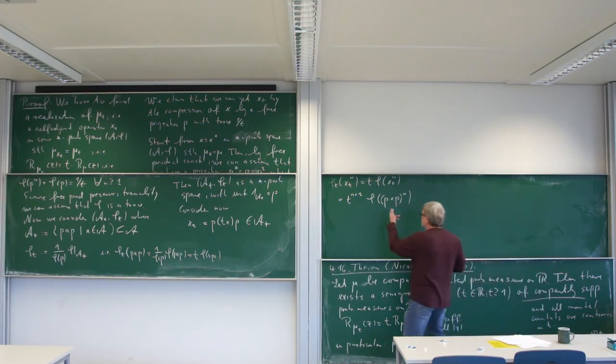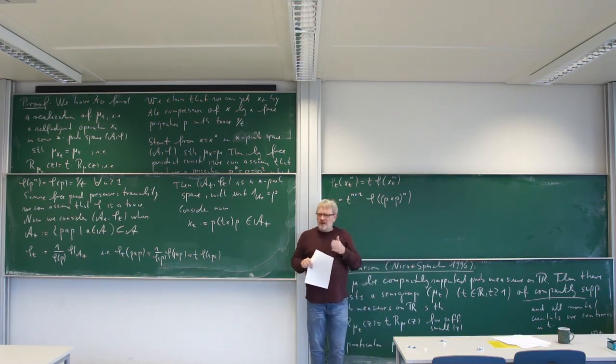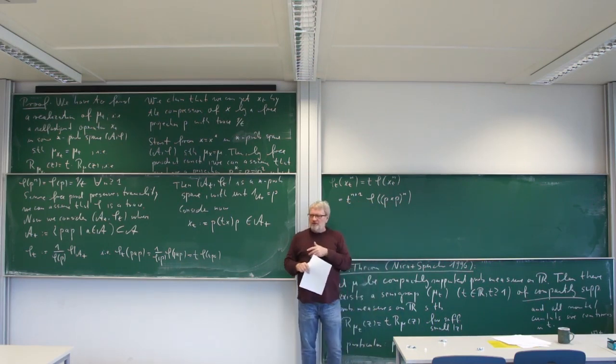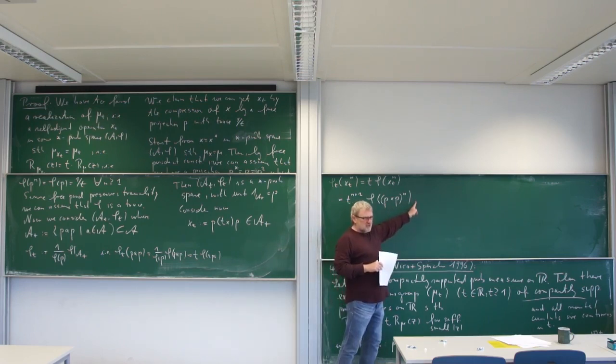And so you see what I have here. I have pxp multiplied with pxp and so on. So in the middle, always a p and a p come together. I have a p squared, but p is a projection, so p squared is just p. So I have just here an alternating product of x's and p's. And I start with a p, and I end with a p.